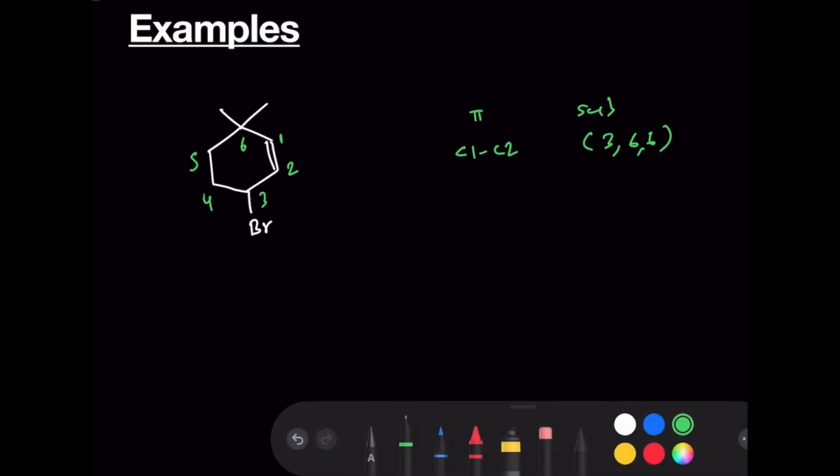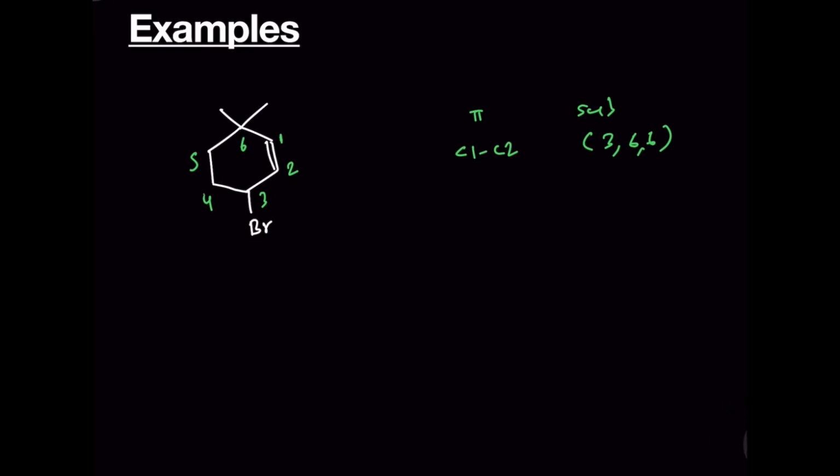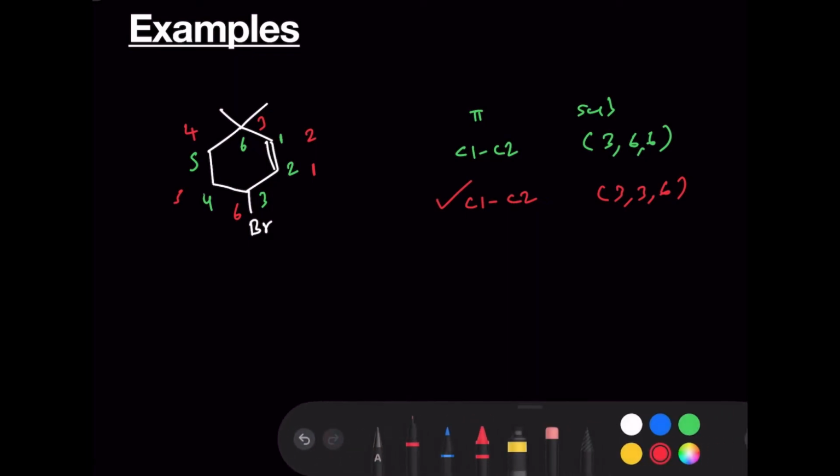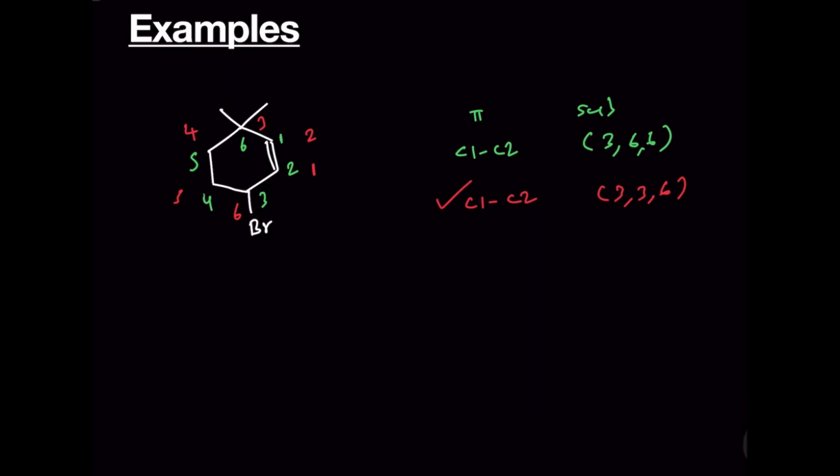On the contrary, if you do the numbering starting from here 1, 2, 3, 4, 5, 6, in that case your pi bond is still between C1 and C2, but now your substituents are at 3, 3, 6, and obviously this is preferred.